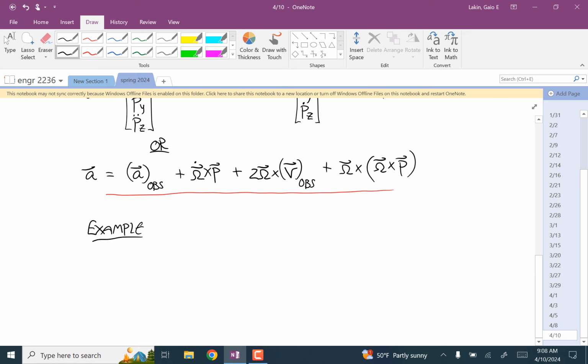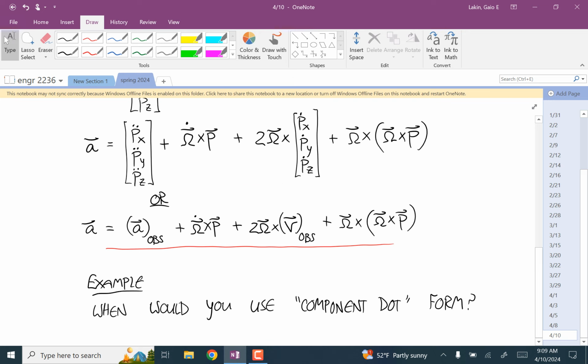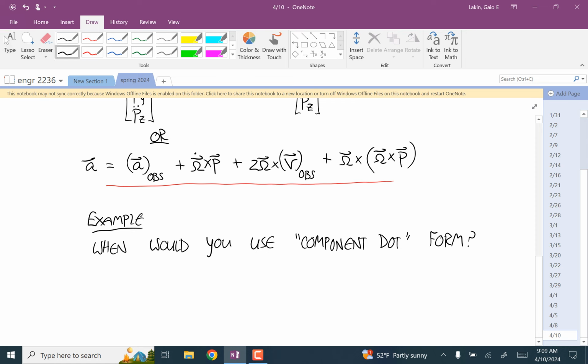So, for example, when would you use the component dot form? And really, the answer to that is just any time that your position is given as a function of time. So when you know the position vector as a function of time.